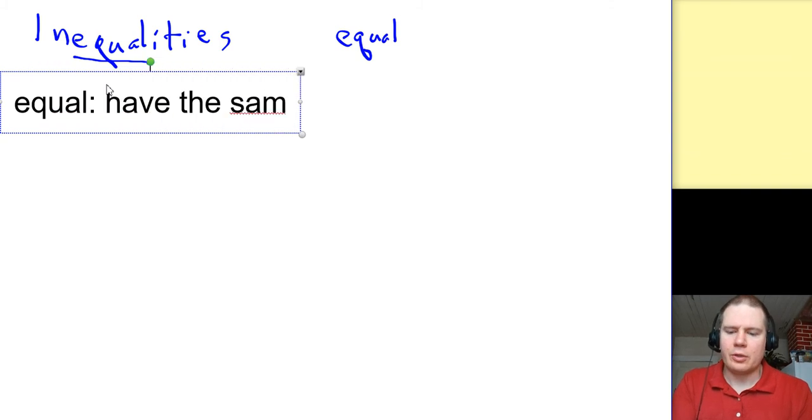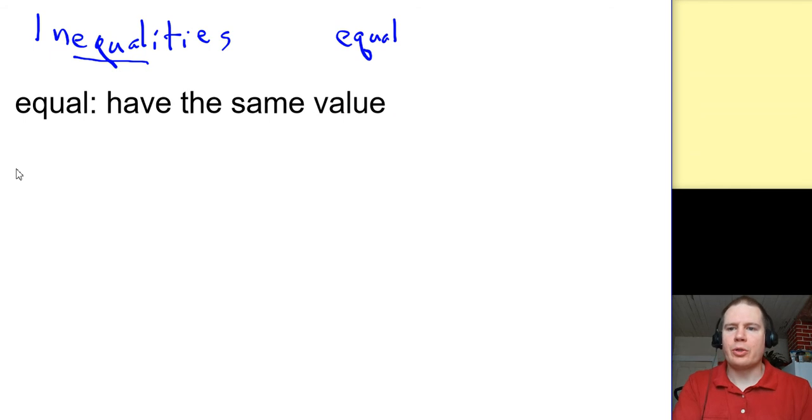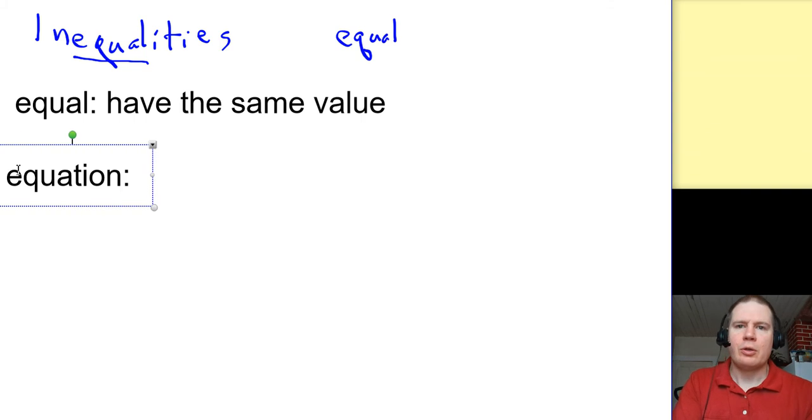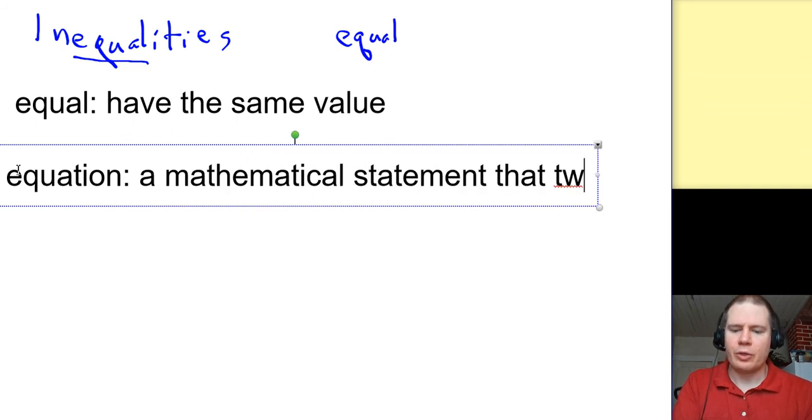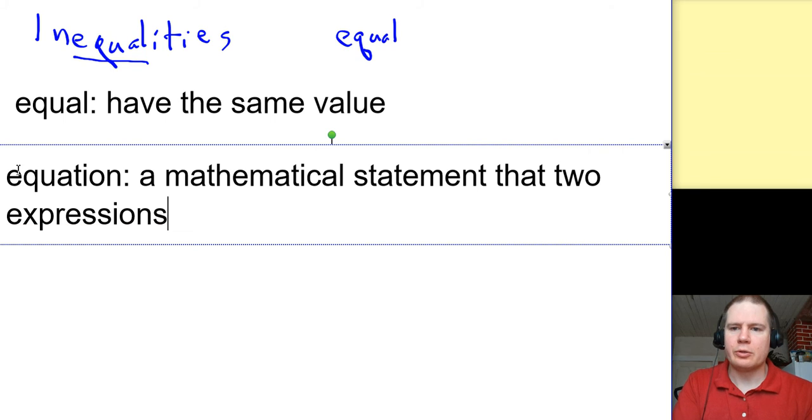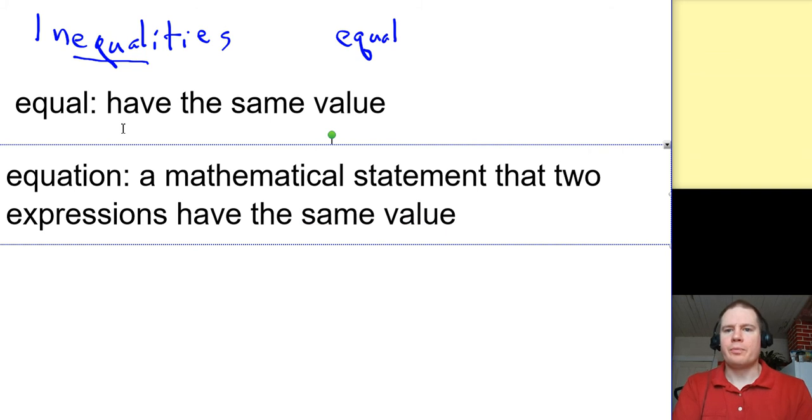Have the same value. And so from this word equal, we get the word equation, right, which is a mathematical statement that two expressions are equal. Two expressions have the same value.